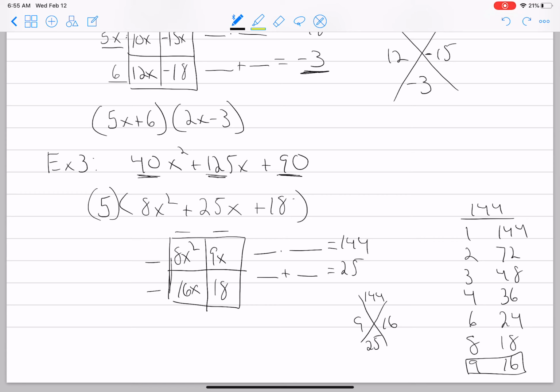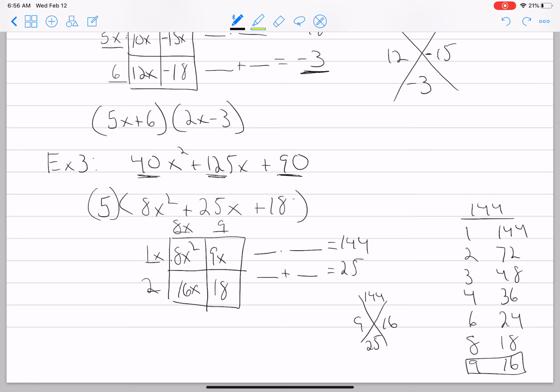I'm seeing that these are multiples of 8, and these are multiples of 1. That's looking like that could work out kind of lovely. So let's go ahead with the 8x here and the 1x here, which makes this a 2, which makes this a 9, and most importantly, 9 times 2 gives me that 18. I am in good shape.